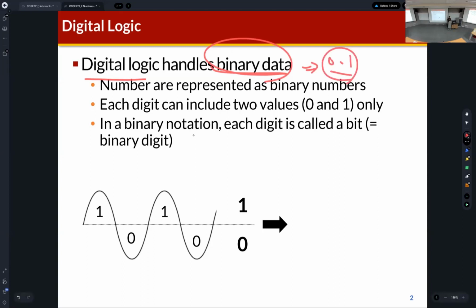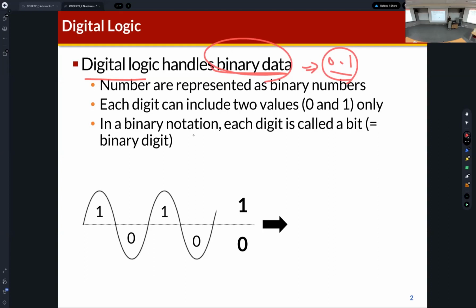So we can represent our binary data using binary number systems, obviously, right? Because binary number systems have only 2 values for each digit. So obviously we can use binary number systems for representing binary data.